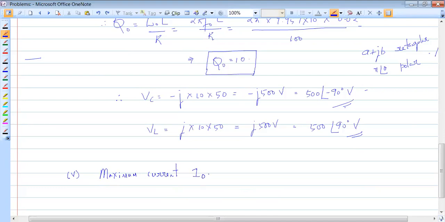Therefore, it is given by I naught, and I naught is actually V by R, which is 50 by 100. So this implies that our I naught is 0.5 amps.